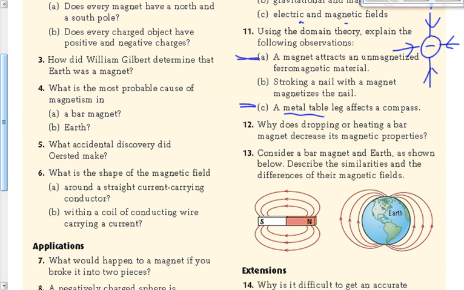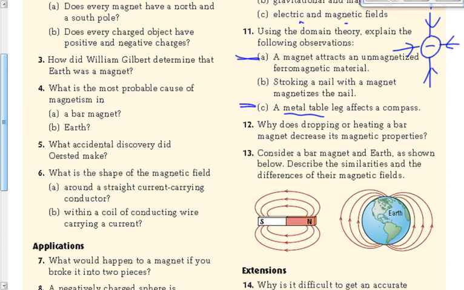Number 12. Why does dropping or heating a bar magnet decrease its magnetic properties? Basically, the more kinetic energy you have, the less chance of these domains being aligned. They start scrambling.